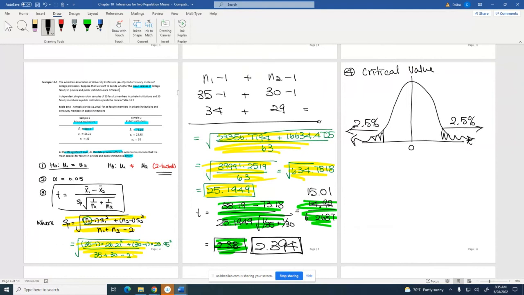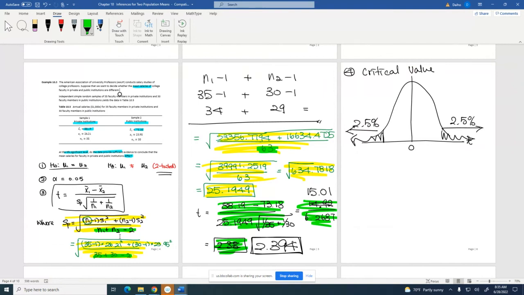Huh? We've already done it. We did? Yes. Where? The Sp equation, 35 plus 30 minus 2. Yes, it is the new degree of freedom. How?